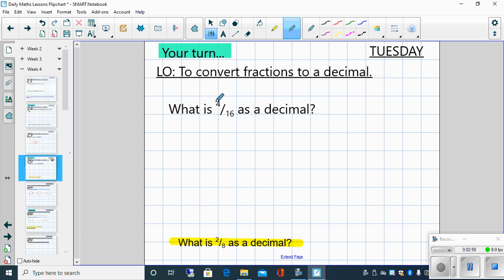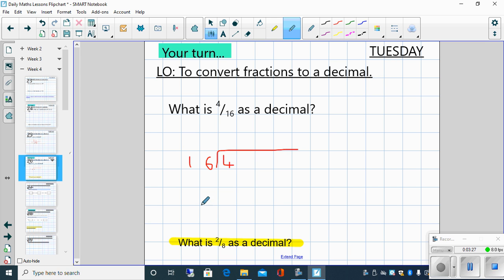To work that out, we need to do 4 divided by 16. So let's set it out in our written method. We've got 4 inside the bus stop, and then we have 16. A little bit different from the question before is that we've got a 2-digit number, whereas the previous one was only a 1-digit, but we don't do anything different.